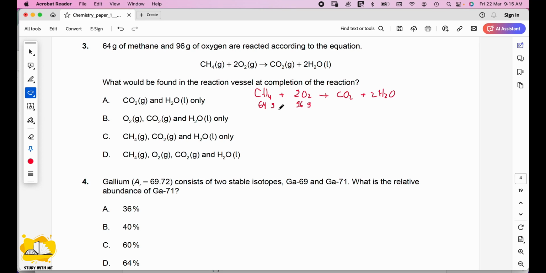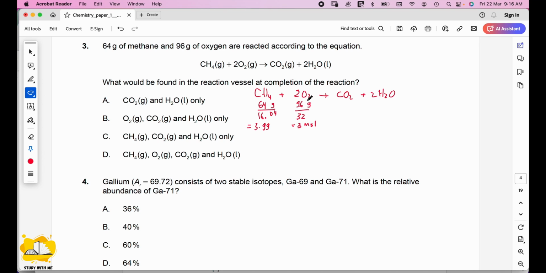To find the limiting reactant, you need to divide them by their molar mass, which is 16.04 for methane and 32 for oxygen. So you will get 3.99 mole for methane and 3 mole for oxygen.